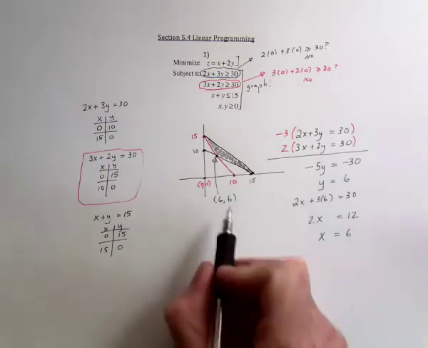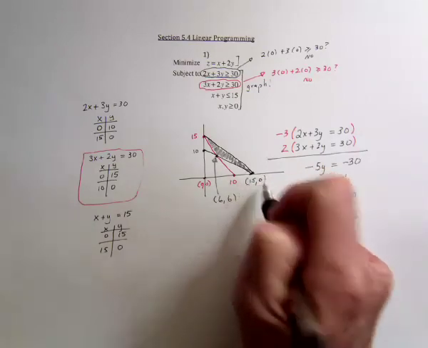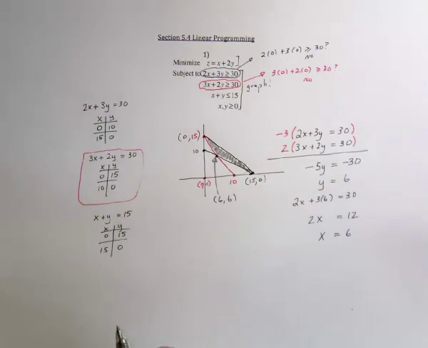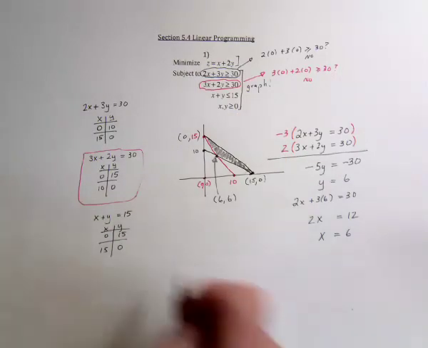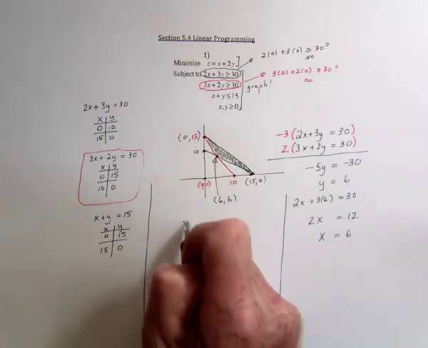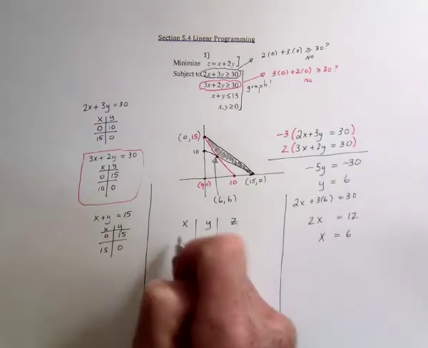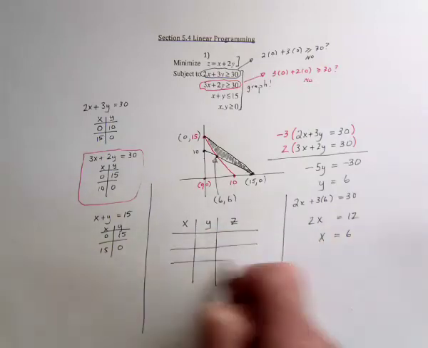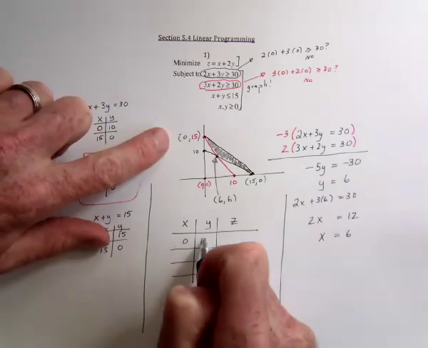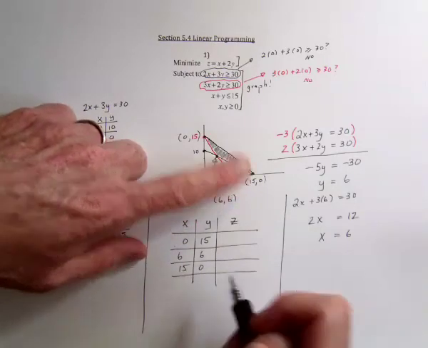Now the next part is take the 6, 6, the 15, 0, the 0, 15, take those 3 points and substitute it into the z function. So I can even make a little table of values with x, y, and z. So we've got this point 0, 15, this one 6, 6, and then this one 15, 0.